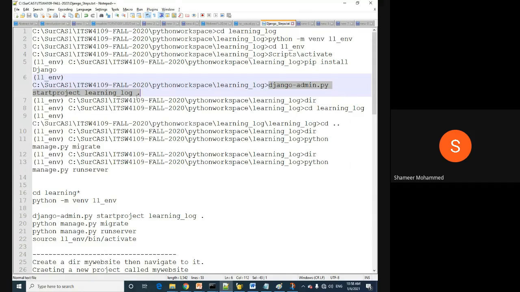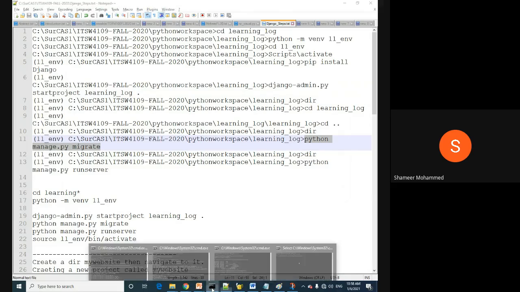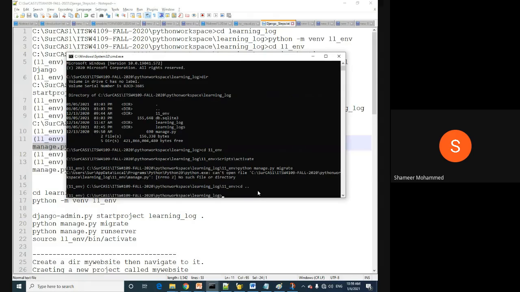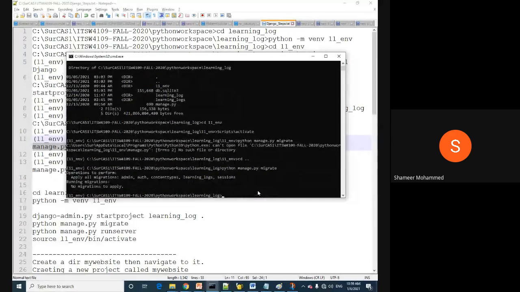After that, if you have done all the changes, you have to do this, migrate. No migrations. So one step back, I am going into the learning log and typing this.